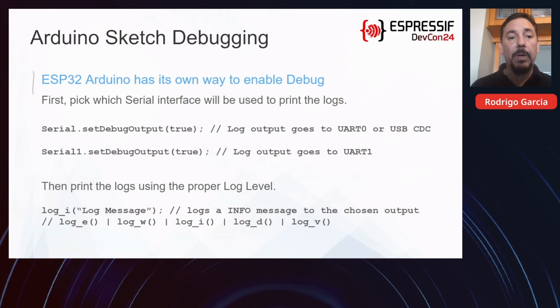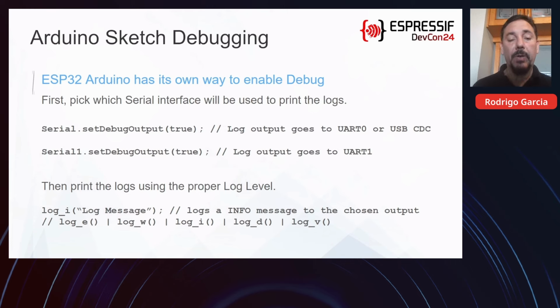How does debugging work with Arduino in particular? Well, the serial object, anyone from Serial or Serial1 or Serial2, which means UART 0, 1, or 2, you can set one of those to output the log messages.